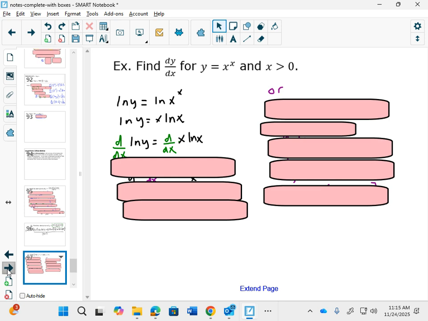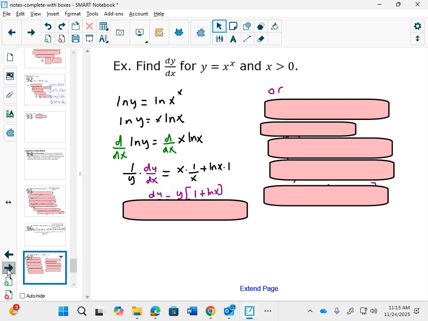So on the left you'll just get 1 over y dy dx. But on the right we keep the first the same, derivative of the second, plus keep the second the same, derivative of the first. The x over x simplifies just to be 1. And so dy dx will equal x to the x, 1 plus the natural log of x.